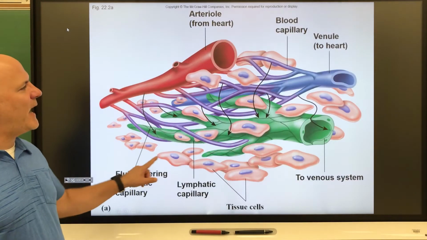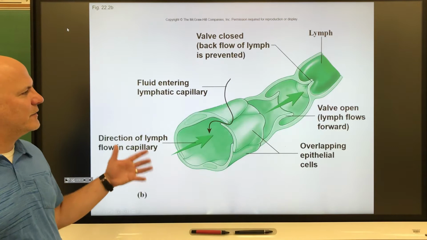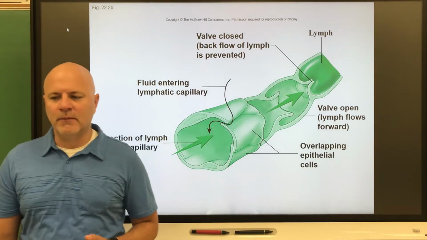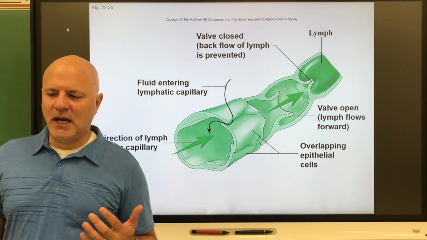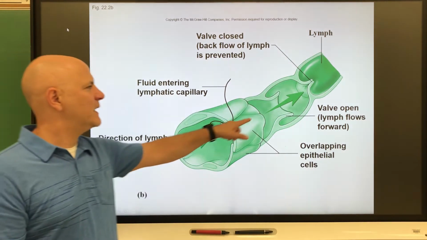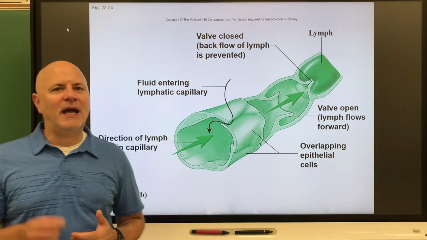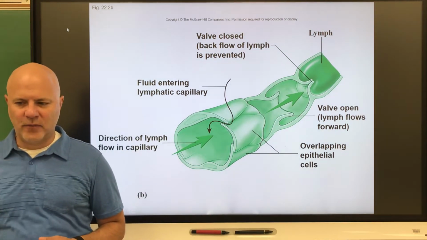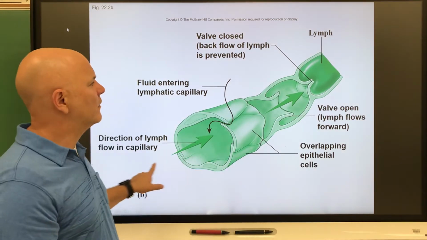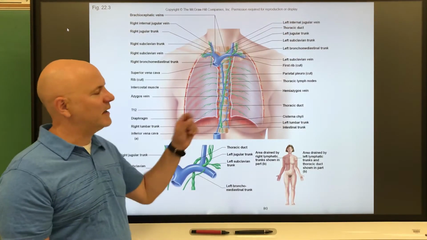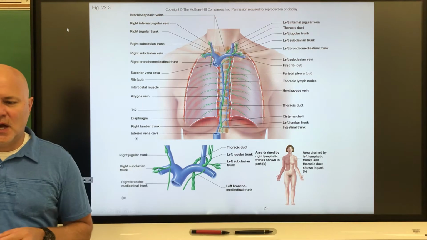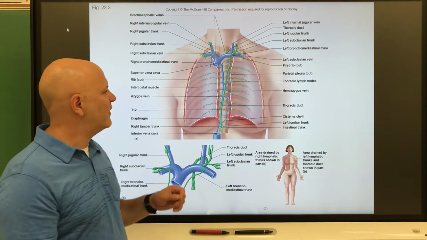If we look at lymphatic vessels, this is showing a lymphatic vessel here. They are similar to veins in that they have valves in them. And the valves, like veins, are there to prevent backflow from occurring. If we go above lymphatic vessels, we get these lymphatic trunks. These are larger lymphatic vessels.